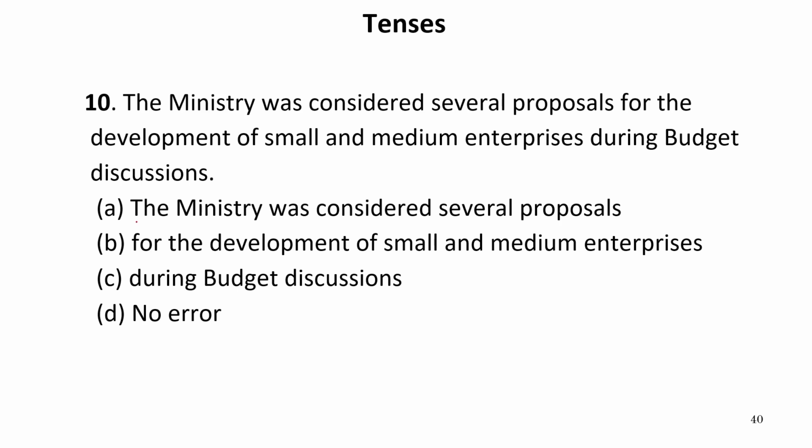Now, if we see this part, A part, the ministry was considered. It means this is past sentence and passive voice, because here the ministry was considered for something. Now, considered several proposals. So it is when we have given the object over here. So the sentence cannot be in passive voice. It should be in active voice only. It means A part contains error.